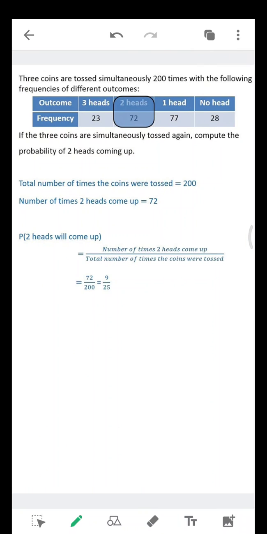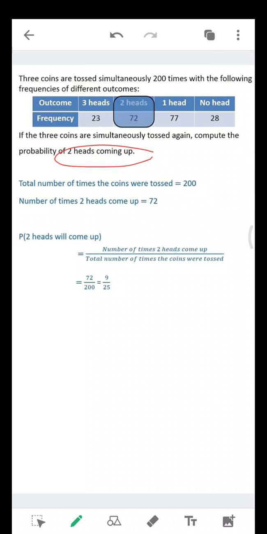Next, 3 coins are tossed simultaneously 200 times. This type of example I explained before. When you toss 3 coins 200 times, these are the outcomes: 3 heads 23 times, 2 heads 72 times, 1 head 77 times, and so on. Compute the probability of getting 2 heads.